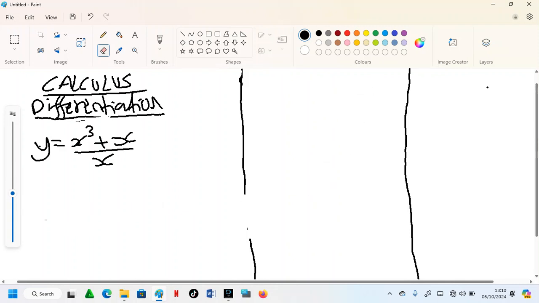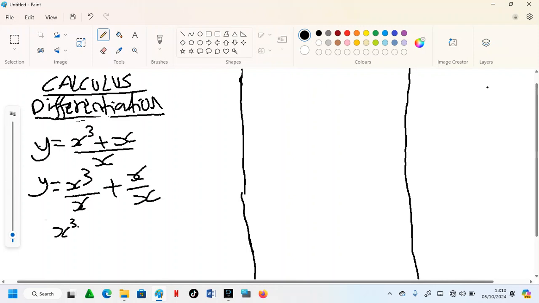So we're going to say that y is equal to x cubed over x plus x over x, and that is mathematically correct. So if you simplify this, it is going to be like x cubed divided by x to the power of 1.